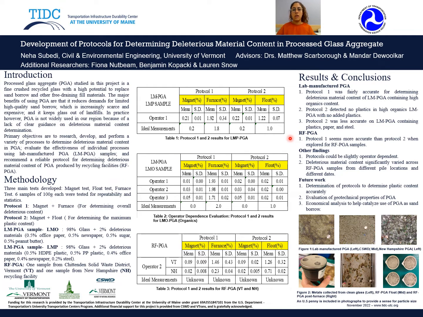So all in all, our conclusion so far is that Protocol 1, magnet test followed by furnace test, was fairly accurate in determining the overall deleterious material content, while Protocol 2 was less accurate for both LMPGA and RFPGA in determining the plastic contents which it was originally developed for.